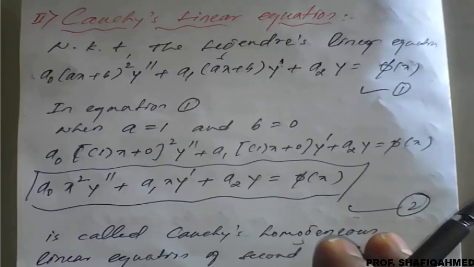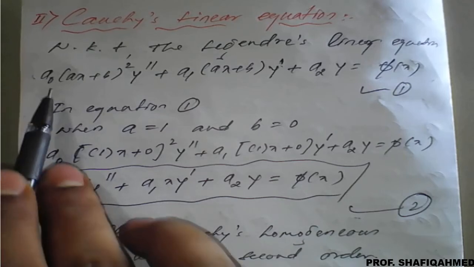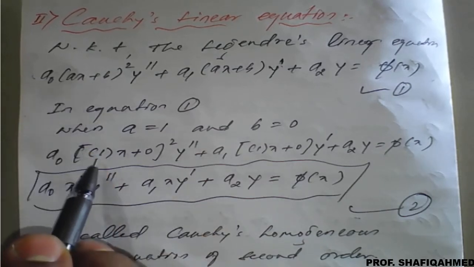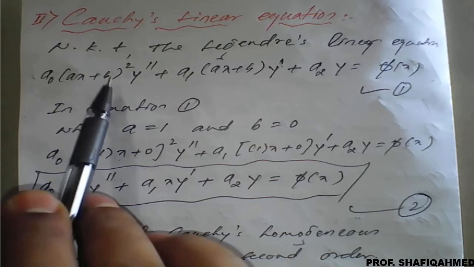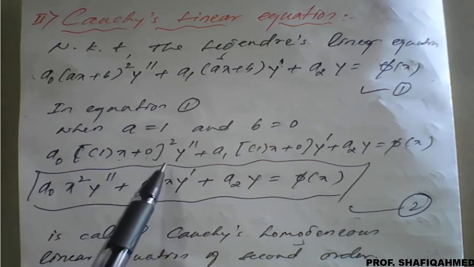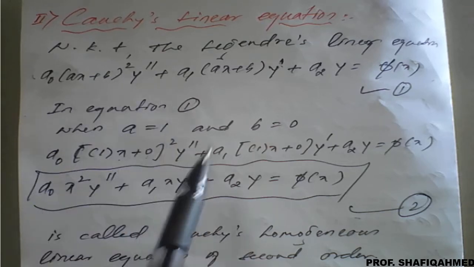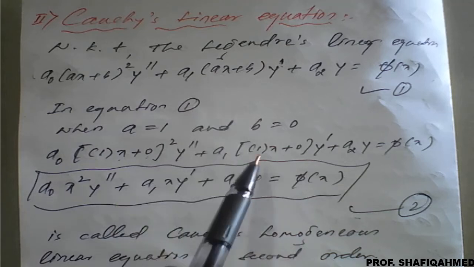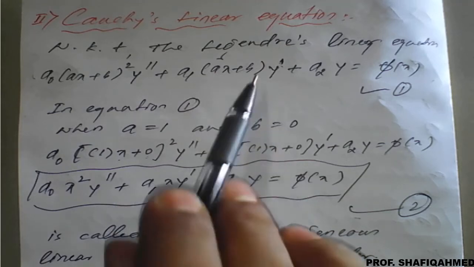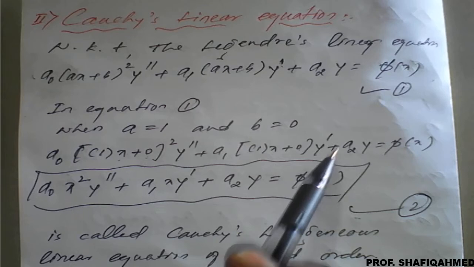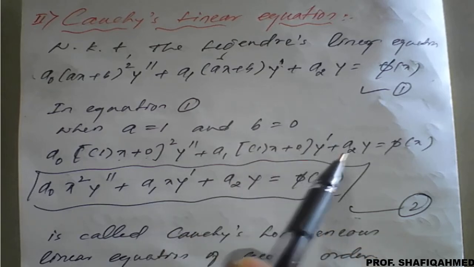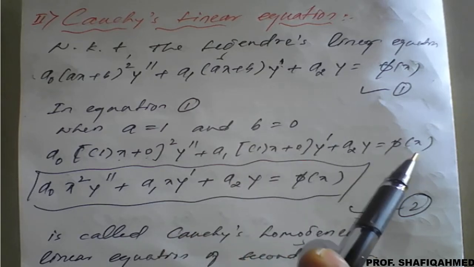So a0 as it is, (1·x + 0) whole square of y double dash plus a1 (1·x + 0) y dash plus a2 y as it is equal to phi(x).